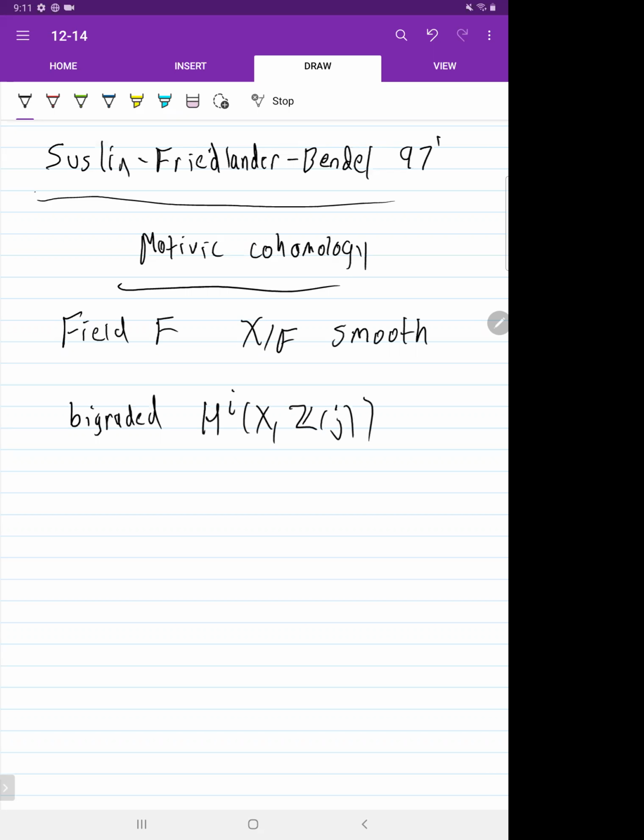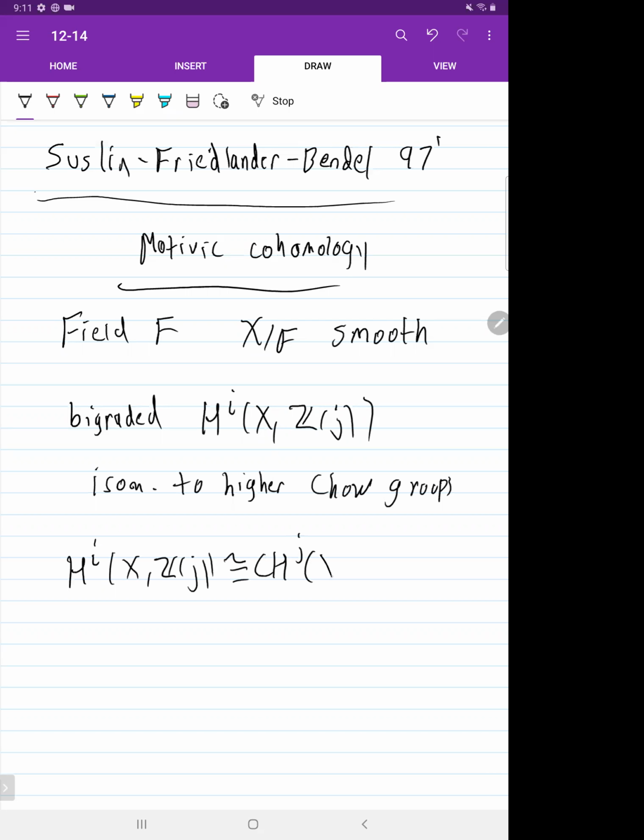A more concrete way of thinking about it is that it's isomorphic to higher Chow groups. So motivic cohomology in degree i and weight j is isomorphic to the codimension j higher Chow group, with a shift, 2j minus i.